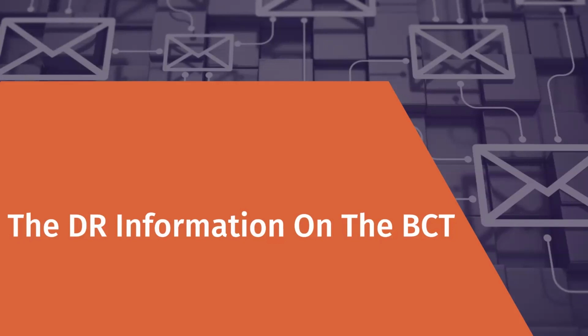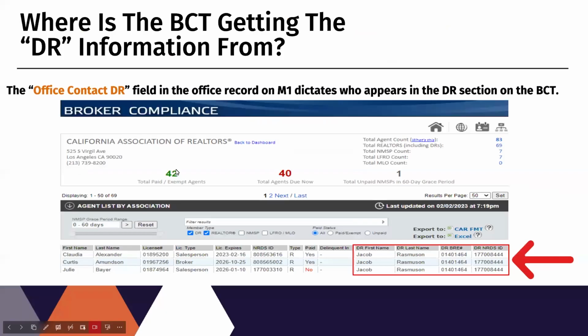All right, so let's talk about the DR information appearing on the BCT. Where is the BCT getting the DR information from, right? The office contact DR field in the office record on M1 dictates who appears in the DR section on the BCT.